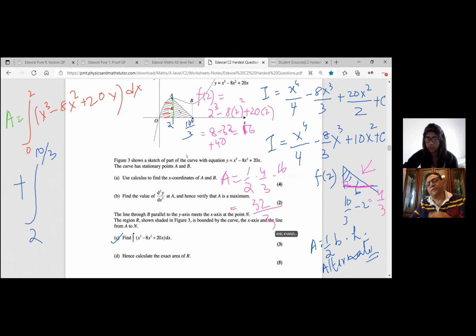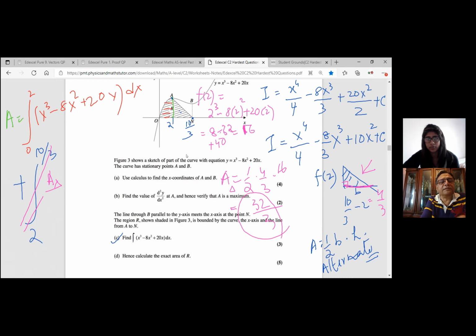We are not trying to find the equation of the line and do all that integral. So we cancel this part and we'll add the area of the triangle here, which is calculated as 32 over 3. Is that clear? Yeah.